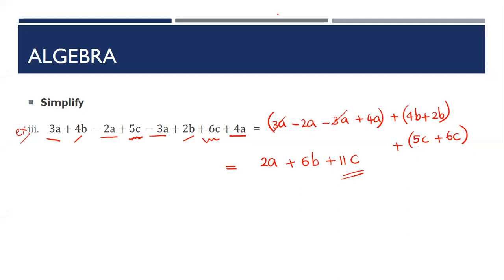You could plus 5b. You have got the answer. Okay, so our answer is 2a plus 6b plus 11c.